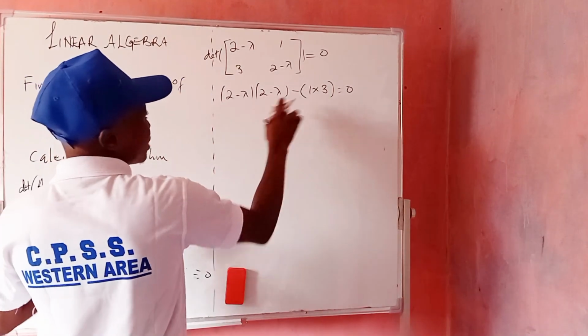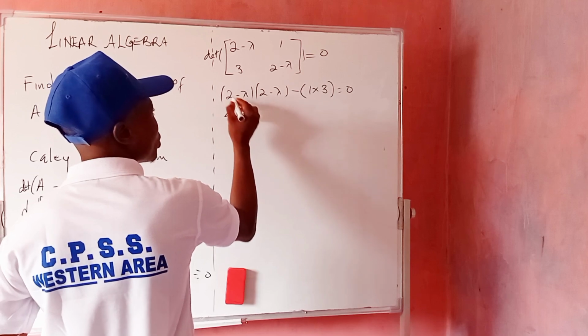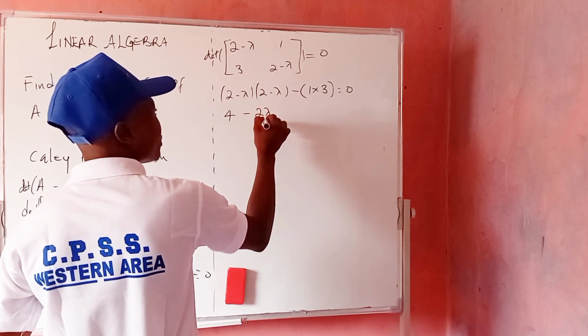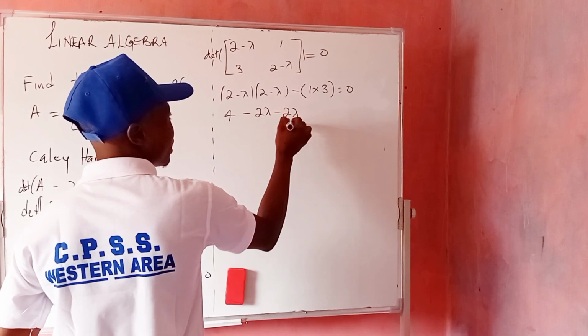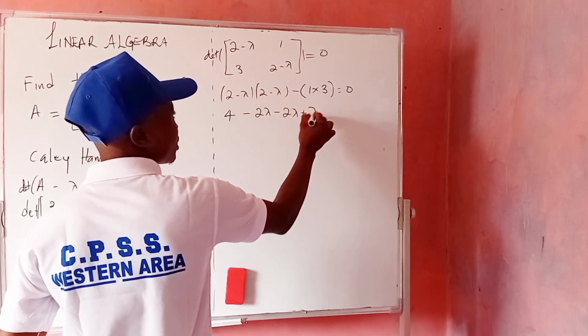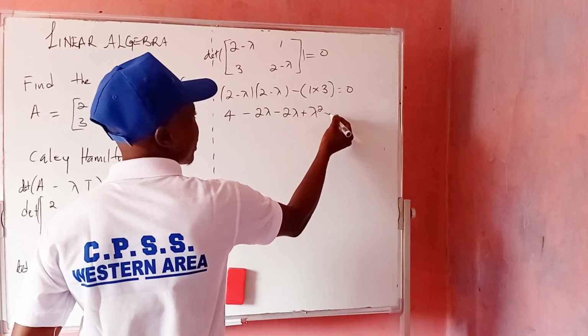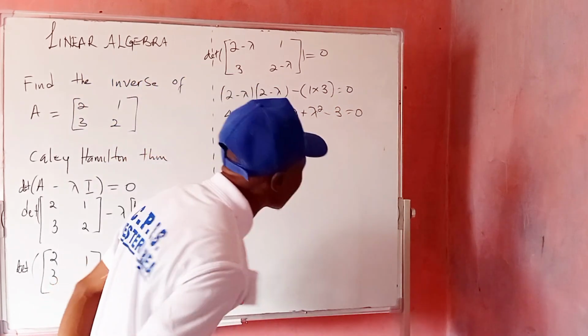So now let's expand this one. 2 times 2 is 4, minus 2 times lambda is 2 lambda, minus lambda times 2 is 2 lambda again, minus minus is plus, and lambda times lambda is lambda squared, minus 3 times 1 is 3. Everything should be equal to 0.